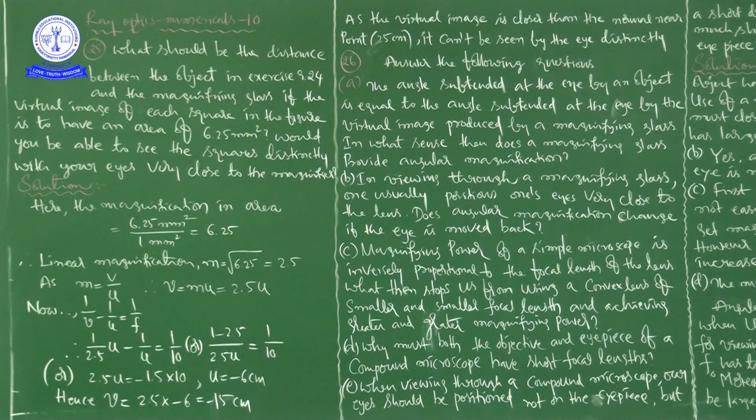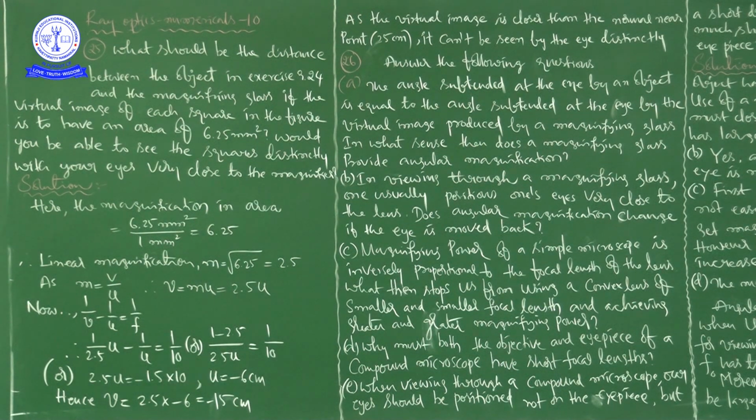See here, the magnification in area is equal to 6.25 millimeter square divided by 1 millimeter square, which is regarding the object or figure. If you do this, you will get 6.25. So 6.25 is the magnification regarding the area.